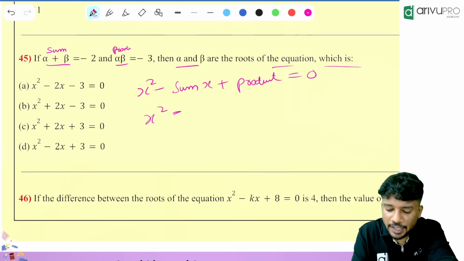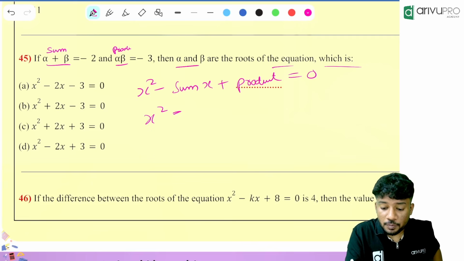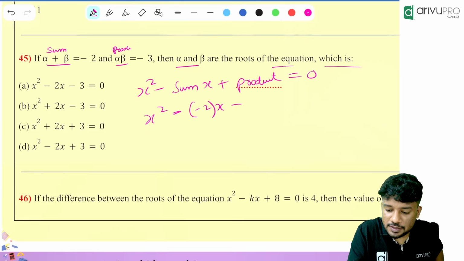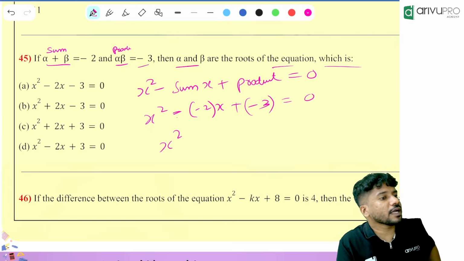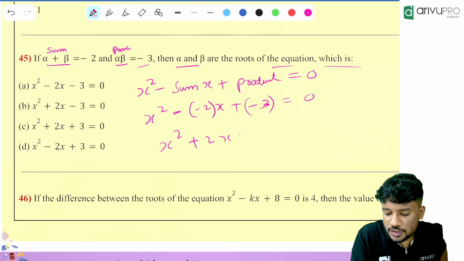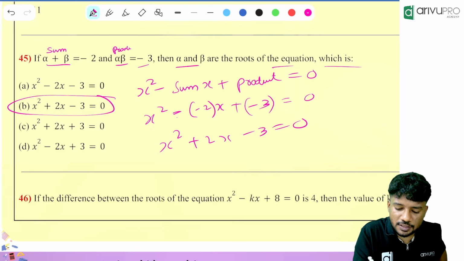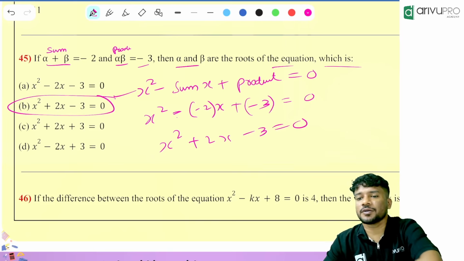X square minus sum, which is minus 2, into x plus product, which is minus 3, equal to 0. X square minus and minus will become plus 2x minus 3 is equal to 0. Which option is your answer, people? Option B is your answer.